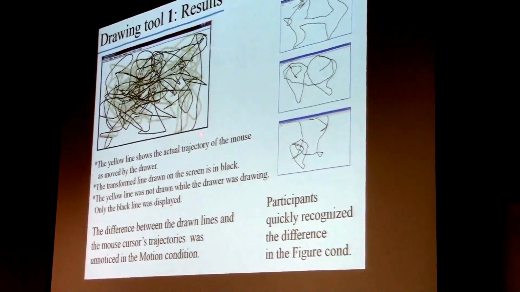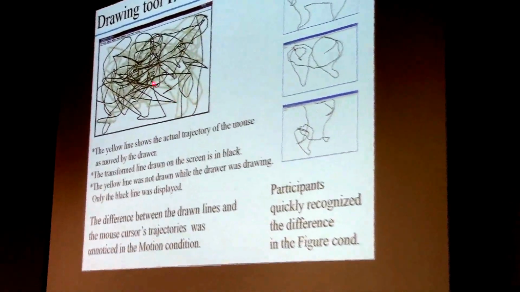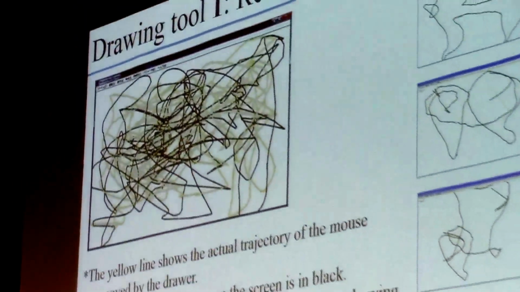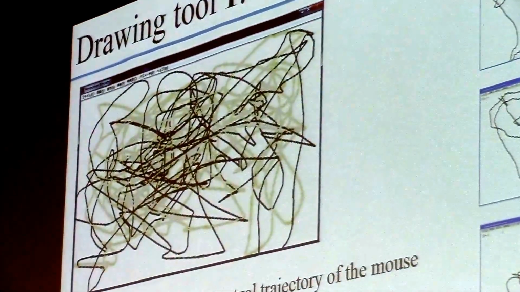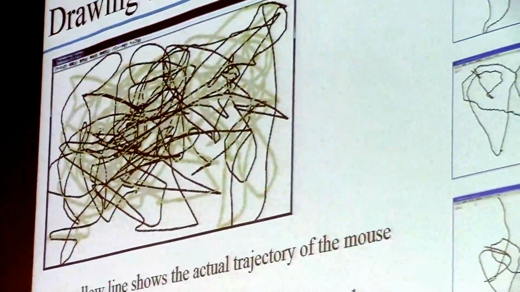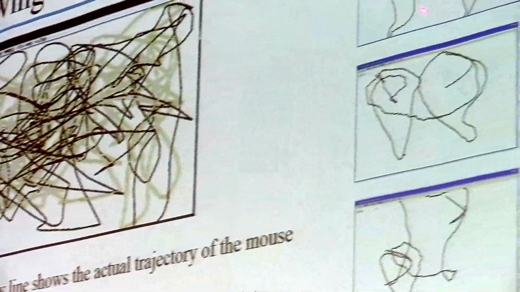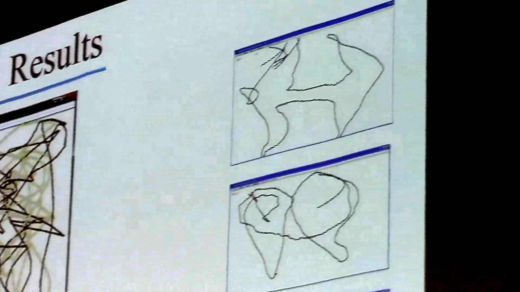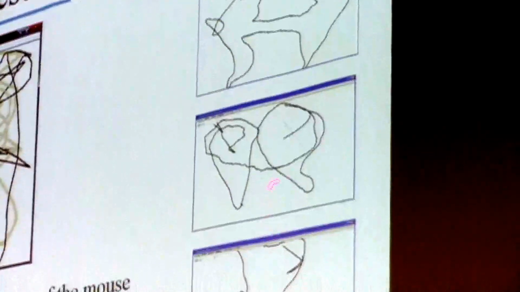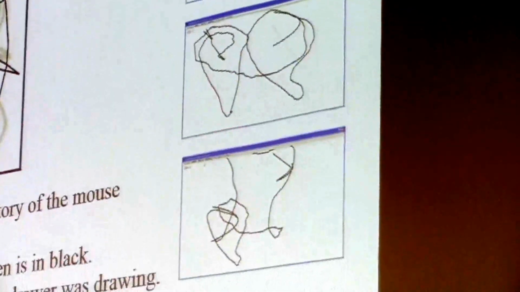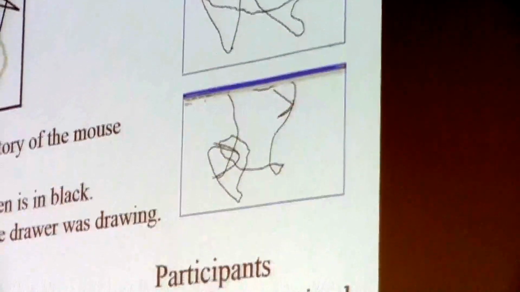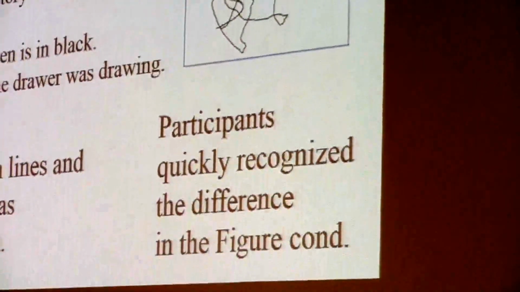Only the black line was displayed. The difference between the drawn lines and the mouse cursor trajectory was unnoticed in motion condition. These are the results of figure condition. Participants quickly recognized the difference in the mouse cursor and the drawn line.